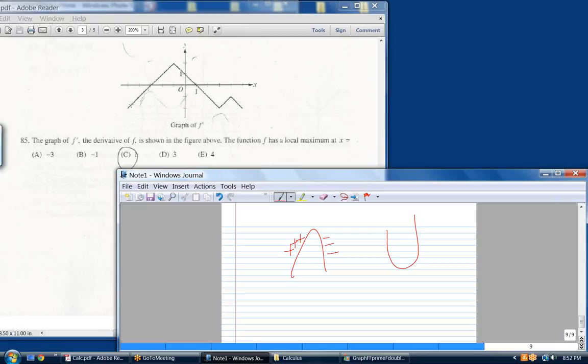That's why it's negative. And the slope after negative 3 is positive because it's above the x-axis. So this 0 point right here must be this situation. That's got to be a relative minimum. Okay? Okay.